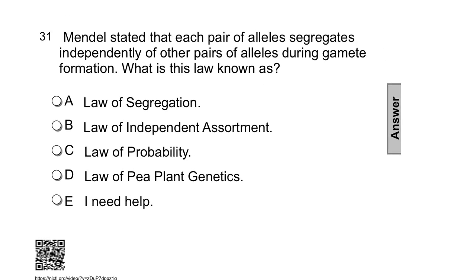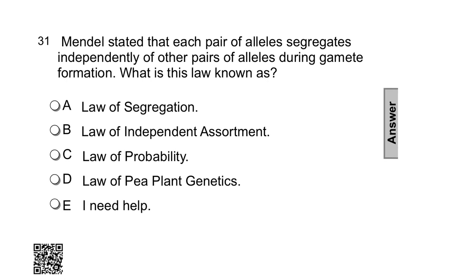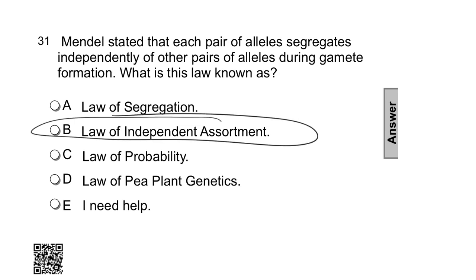Mendel stated this is the law of independent assortment. The alleles will be separated into the gametes independently of each other.